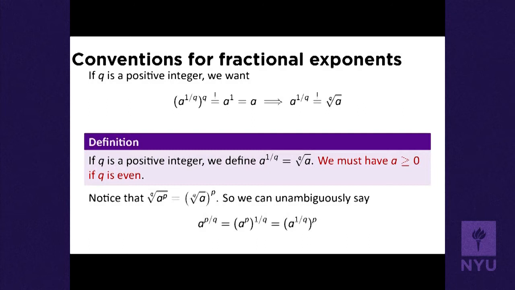A to the p over q can either be resolved as the qth root of a to the p, or the pth power of the qth root of a. Either way you want to do it, you get a to the p over q. So that allows us to write down an unambiguous convention for a to a rational exponent.